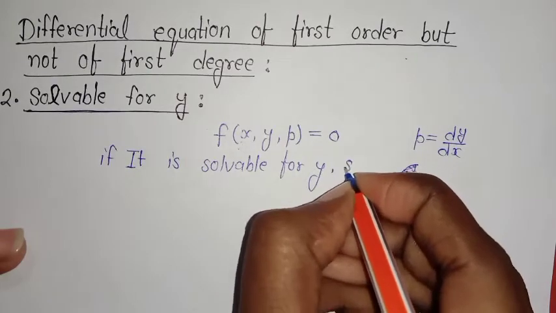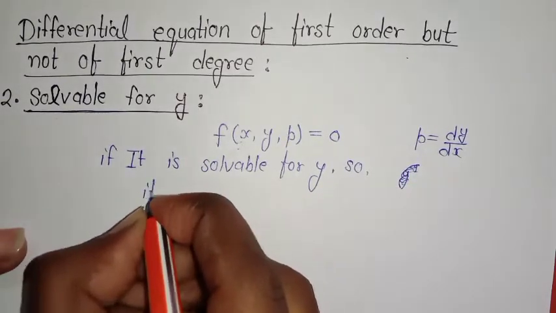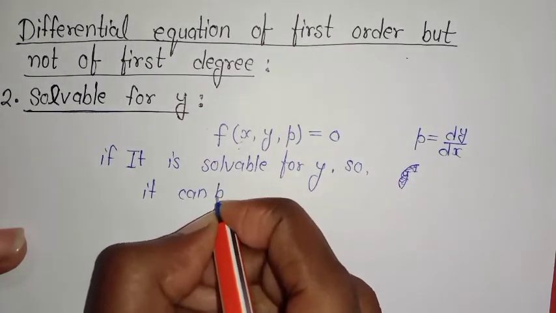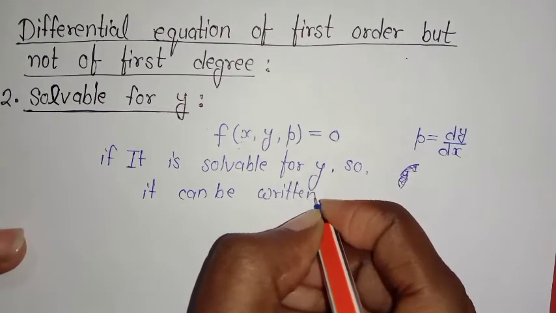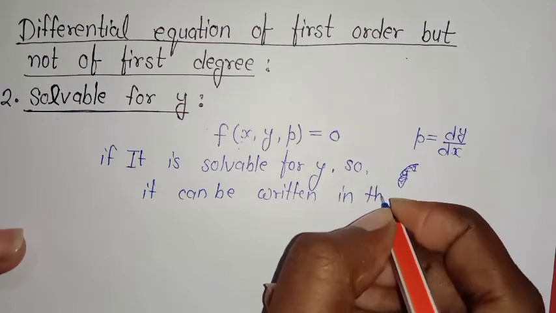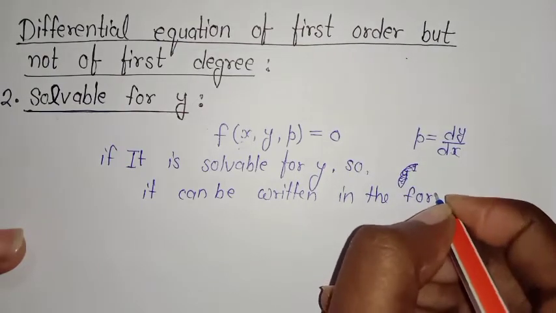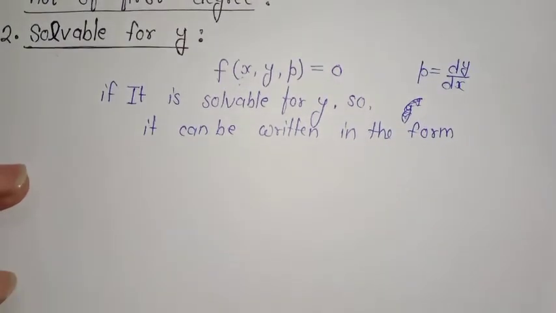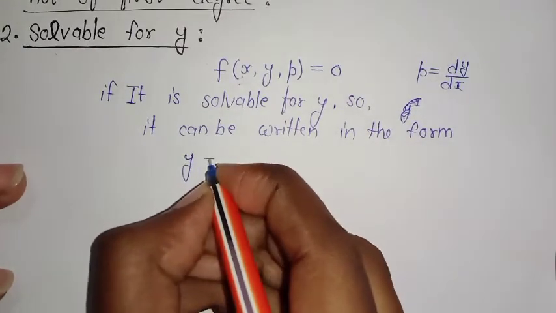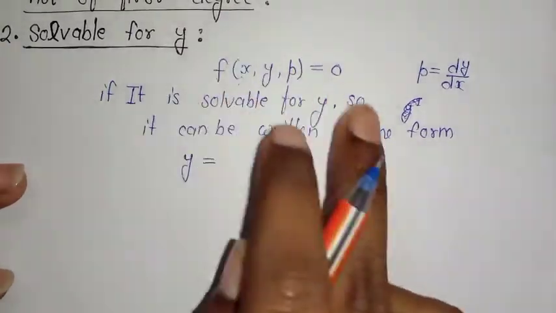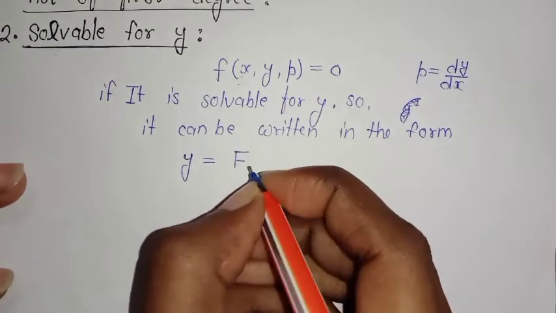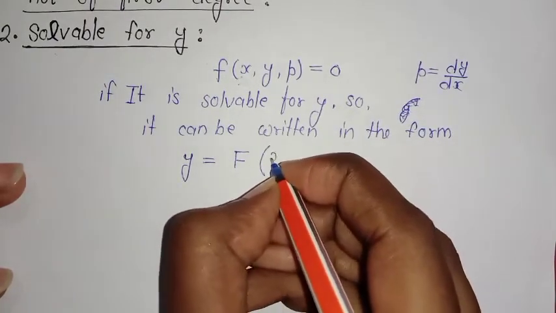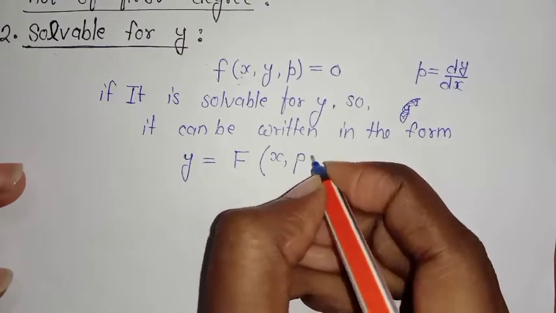so it can be written in the form y = F(x, p). I will take y at one side and the other terms at the other side, and I am considering it as a new function, capital F of x comma p.